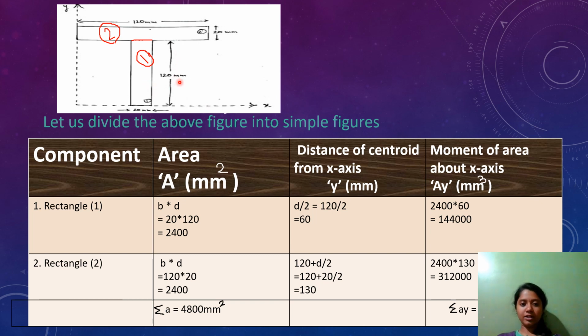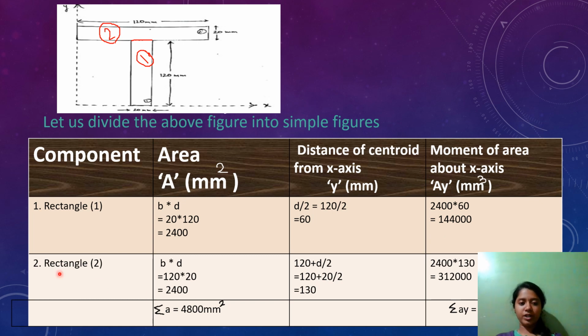So the total depth is 120, 120 by 2 is equal to 60. Now we have to calculate moment of area about x-axis, and it is the product of area and distance of centroid from x-axis. It is 2400 into 60, we get 1,44,000.